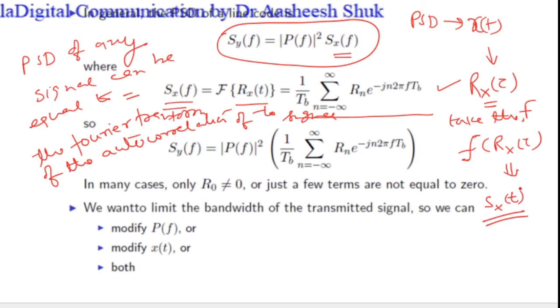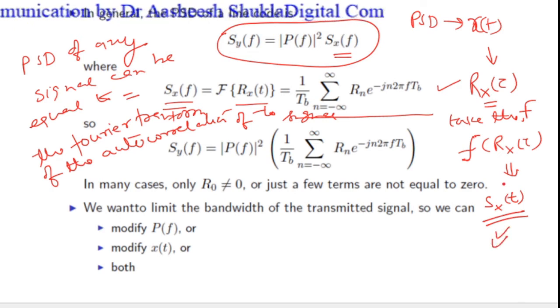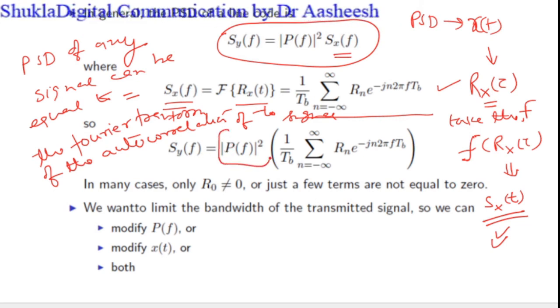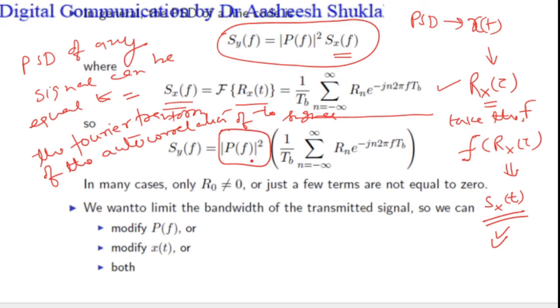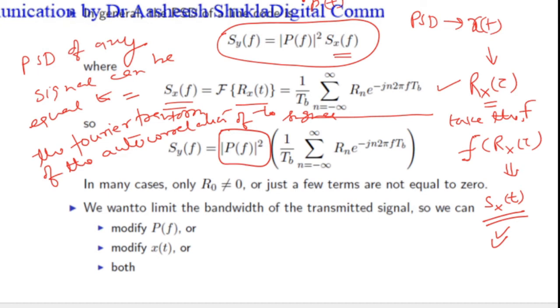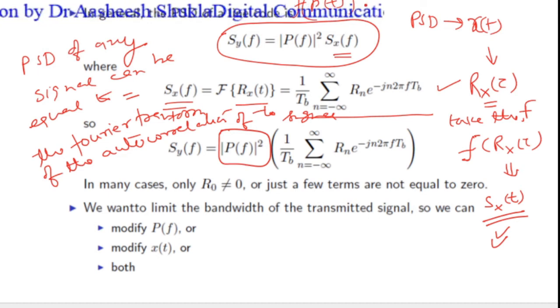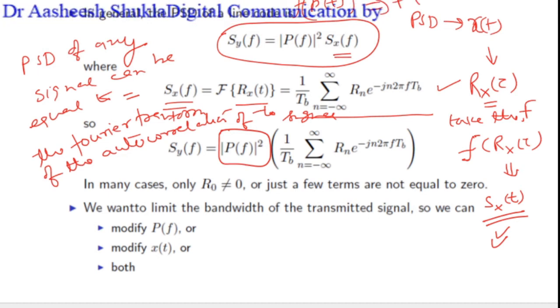So in this way we can reach up to this place, and once we get the power spectral density of the signal xt, then what we have to do? We just multiply with the response of this pulse p(t). So the Fourier transform of p(t) will be P(f).